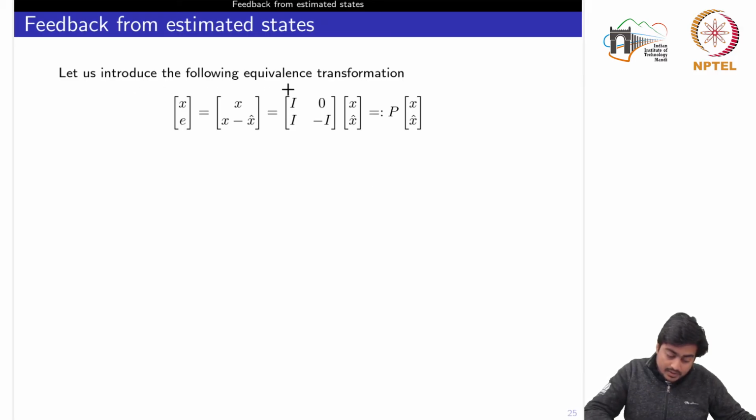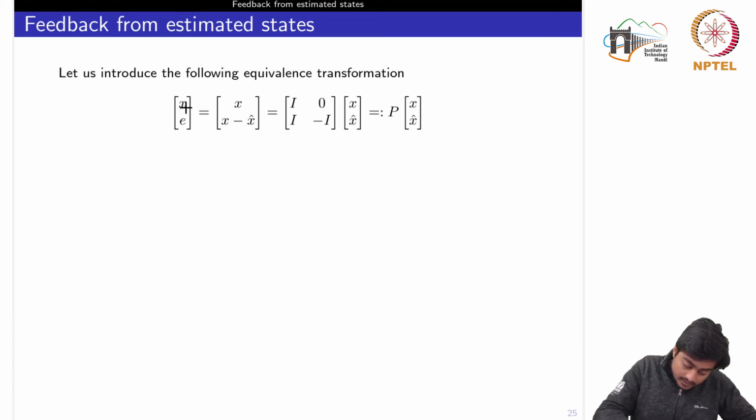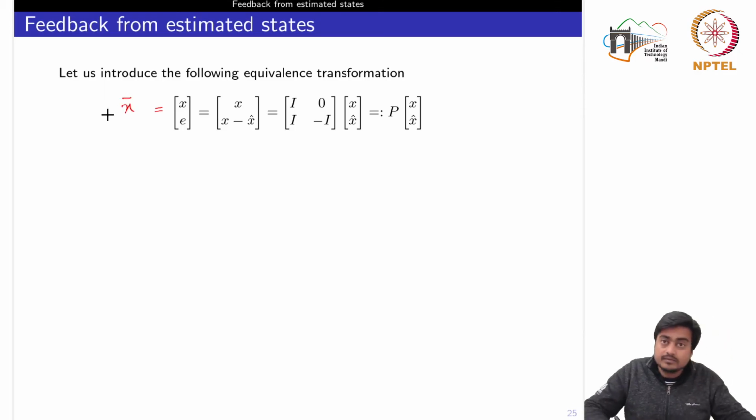Now we introduce the following equivalence transformation. We define another state, let's say x bar, and this one we had as x tilde. So I make a new state vector called x bar, which is basically x and e. x is the state of the plant and e is the error vector, described by the difference between the actual state and the estimated state.